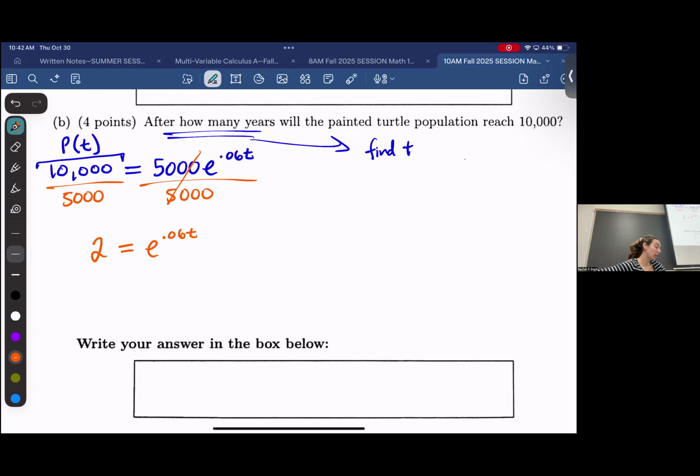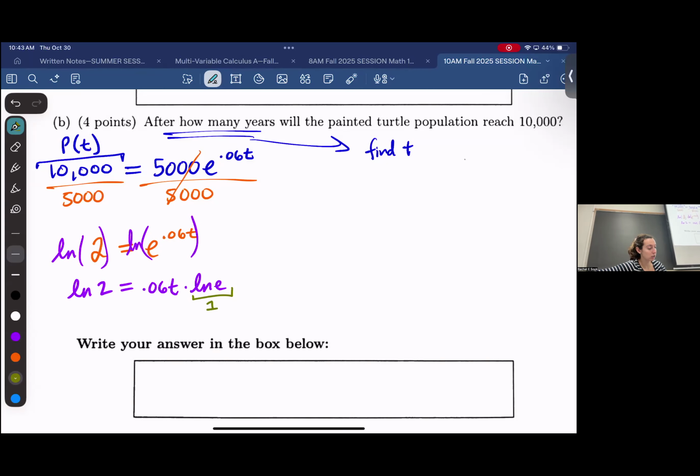And then inverse operations tells us to take the natural log of both sides and then use properties of logs on that right-hand side to bring that exponent out in front. Our ln of e is just 1.